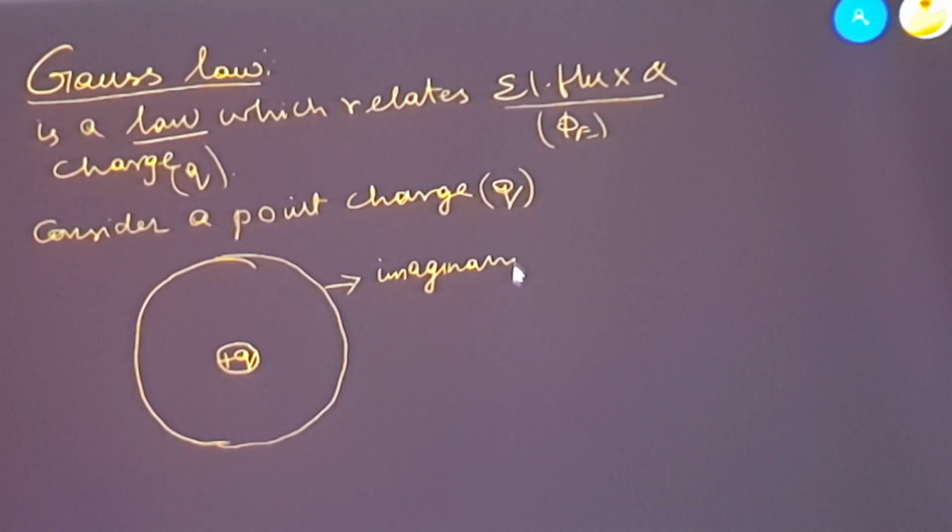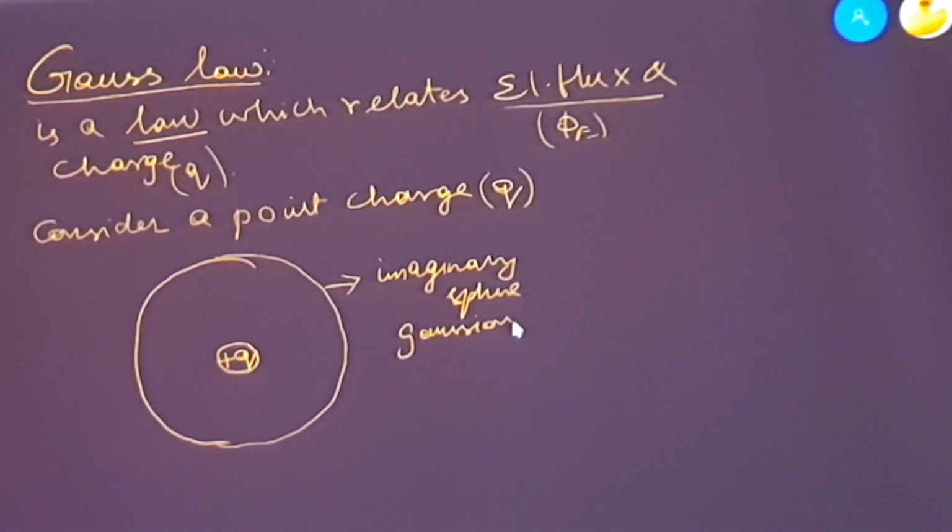When you are considering this imaginary sphere, the surface we call the Gaussian surface, a purely imaginary surface around the charge which encloses this charge.